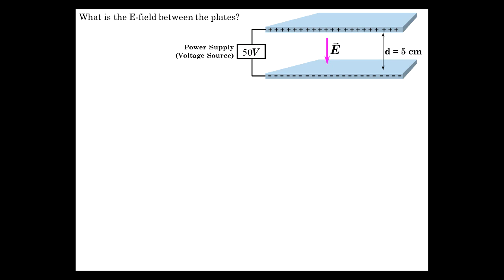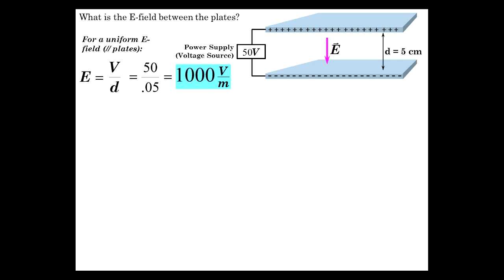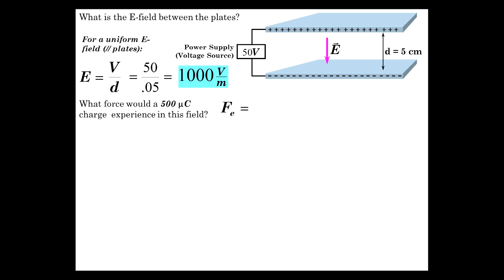So we have an electric field across 5 centimeters, and there's 50 volts across these plates. All right. So if we have a uniform electric field produced by parallel plates, the electric field is V over D, volts over meters. And so that's 50 volts over 0.05 meters, and that gives us an electric field of 1,000 volts per meter. See, that was easy.